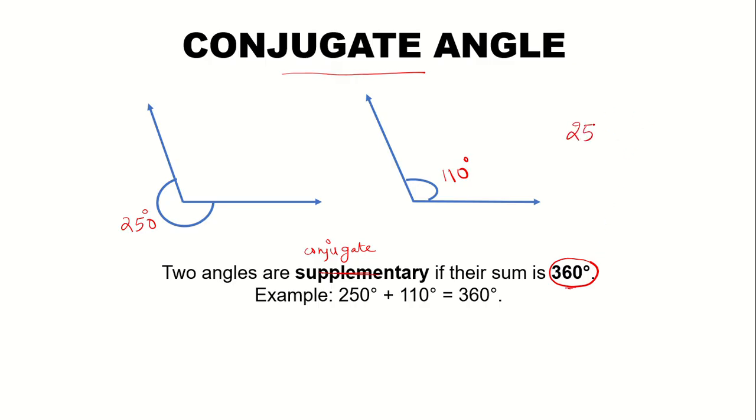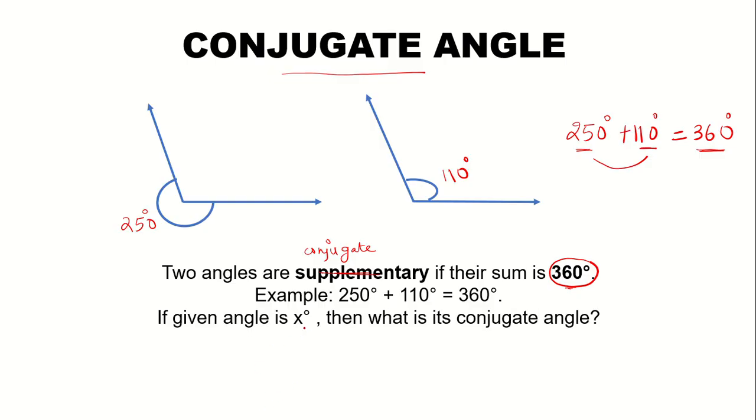So 250 degrees plus 110 degrees equals 360 degrees. So when given x and y, when you add them together, if you get the resultant as 360 degrees, it is called conjugate angle, right? If the given angle is x degrees, how will you find its conjugate angle? The similar step. You will find the conjugate angle of x degrees by 360 degrees minus x degrees.